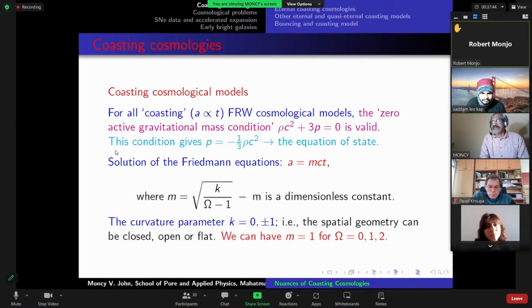Just a comment. The major critical point of this type of model, the coasting model, is the zero active gravitational mass condition. The solution for this is to change general relativity to be valid only for perturbations with respect to the background metric.